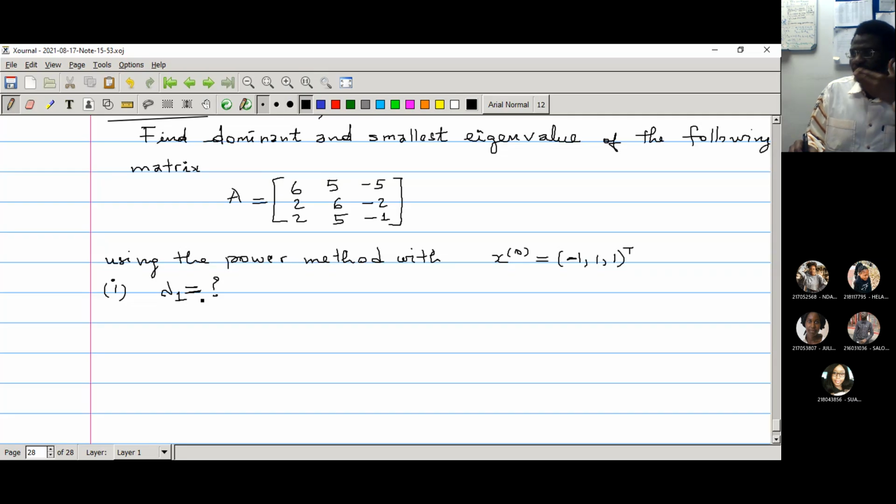We can do both. It will be up to you to decide which one to use, but it's good to always expose both so that the student will select the method that is comfortable. So for the dominant, lambda 1, the largest in magnitude, we construct the X case, sorry, not the C case.